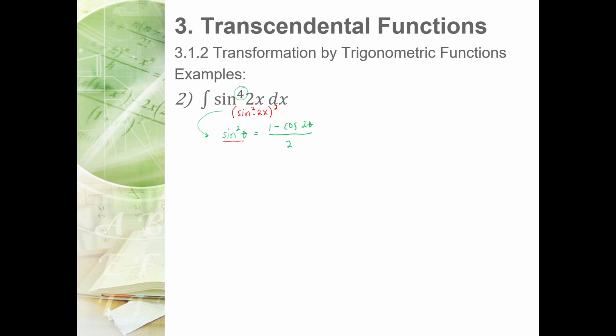So again, notice that we have to identify the different parameters. So sine squared, this is the corresponding format, and then theta is 2x. So theta is 2x, meaning 2 theta is 4x. And 4x will go to this corresponding identity.